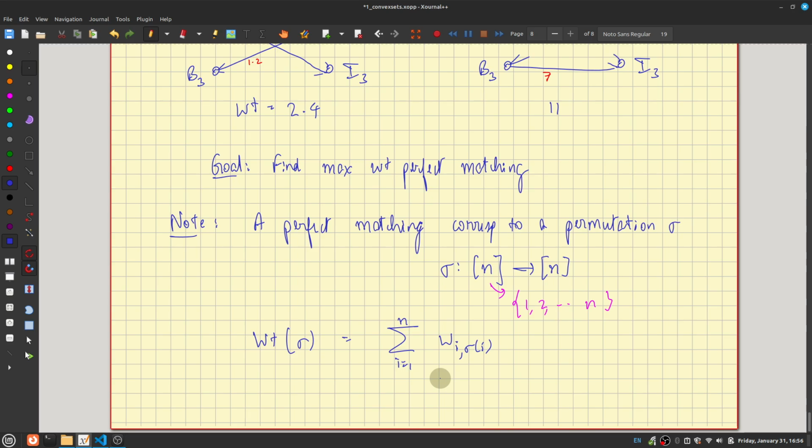Can you think of any other approach that is better? Take the maximum. Okay. Is it going to be any less than n factorial? Yeah. Okay.